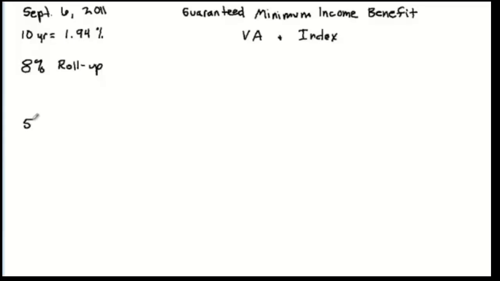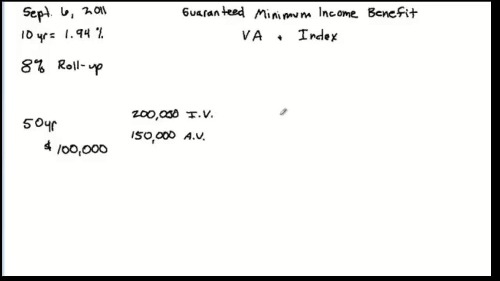Let's say we have a 50-year-old and they have $100,000 that they invest in an index annuity, and let's say over a 15-year period of time, the account value grows to 150, but their income value grows to 200,000.